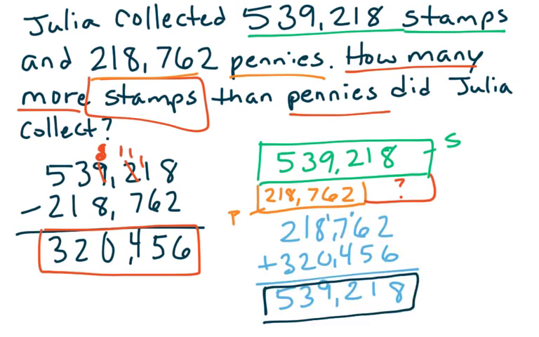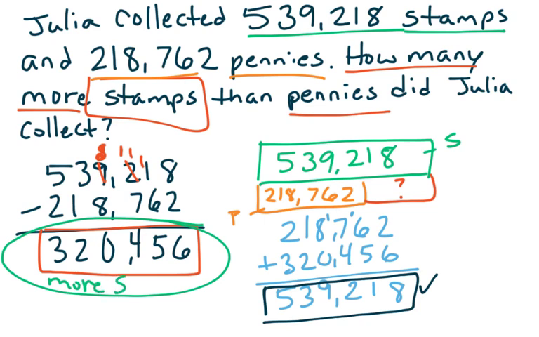And when I add these together, I get 539,218, which was the whole I started with. So my answer of how many more stamps than pennies did Julia collect would be 320,456 more stamps. That's a lot of stamps and a lot of pennies.